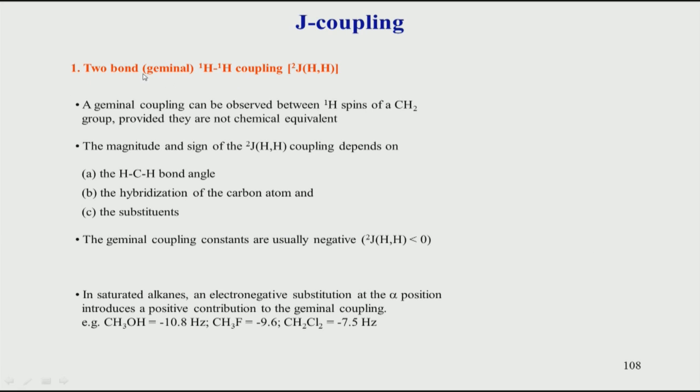So, we have what is called 2 bond geminal coupling. In the typical NMR notation, the 2 is written as a superscript before J, which means 2 bond hydrogen coupling. The geminal coupling can have a negative value or a positive value. Couplings can always have both positive and negative values, although from a simple 1D NMR you can never find out the sign of the coupling.